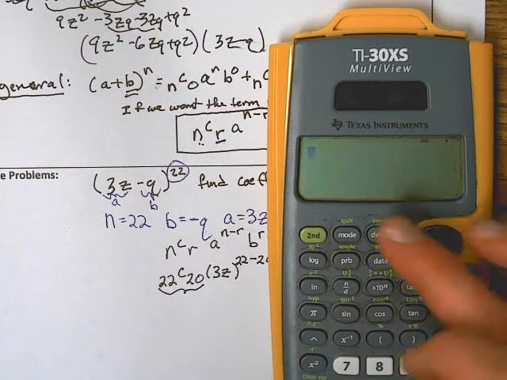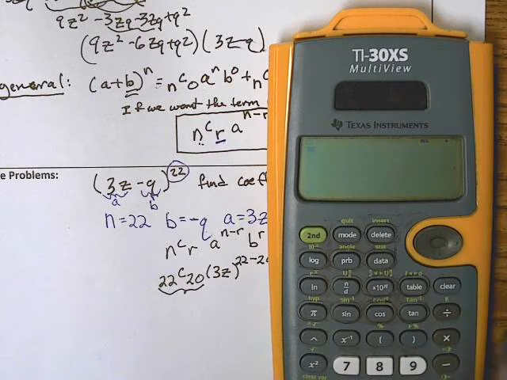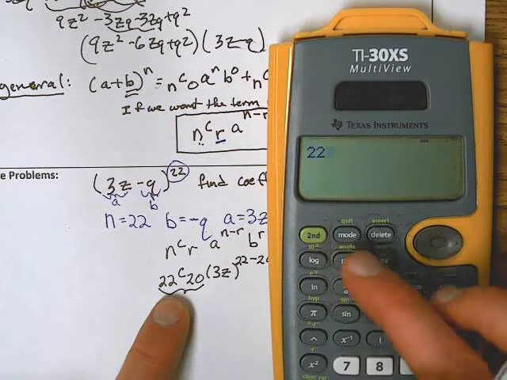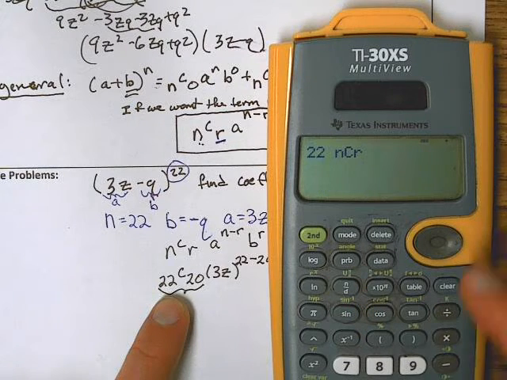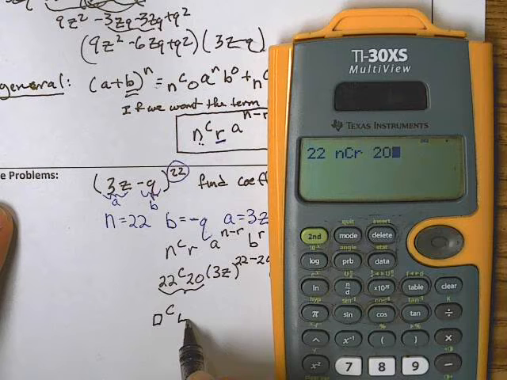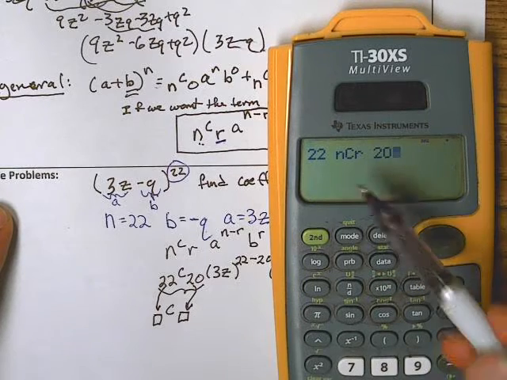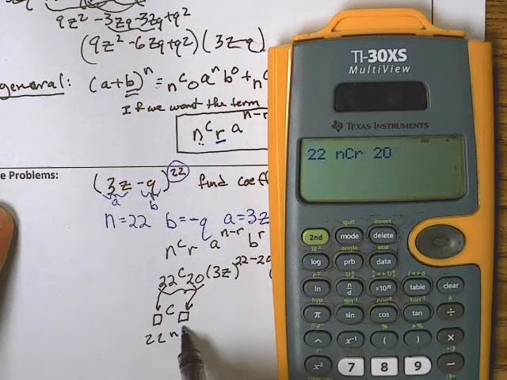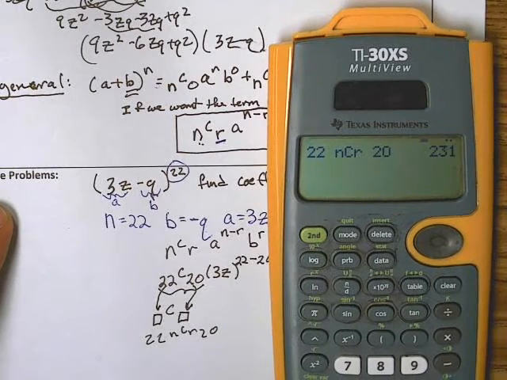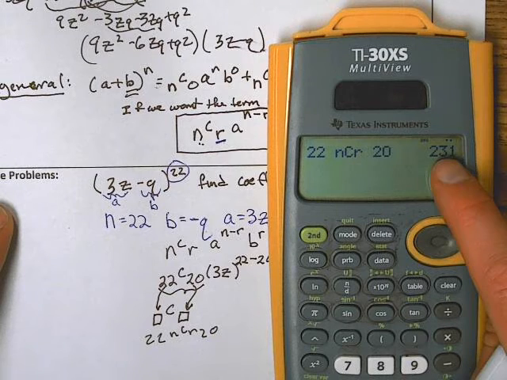You have to type in the 22 first on this calculator, and then choose nCr, and then 20. You'll see a box, and just remember you'd have to put 22 in there, 20 in there. So in this calculator, it looks like 22 nCr 20. A lot of calculators will write it like that. And when I hit enter, it automatically makes the calculation. So that's 231.